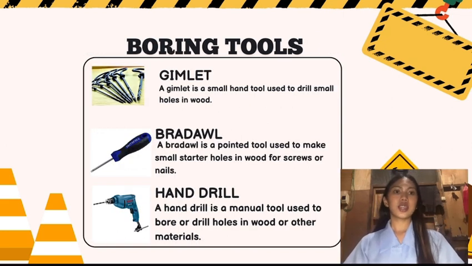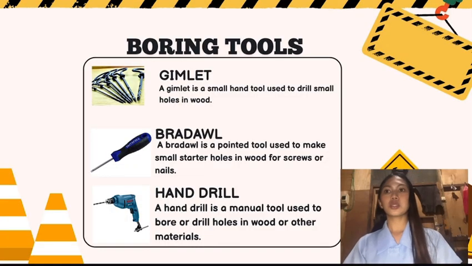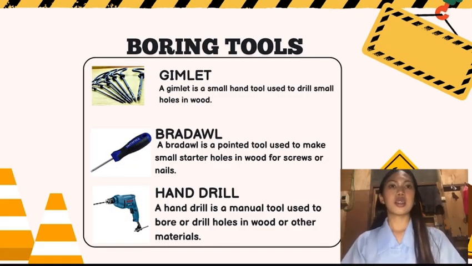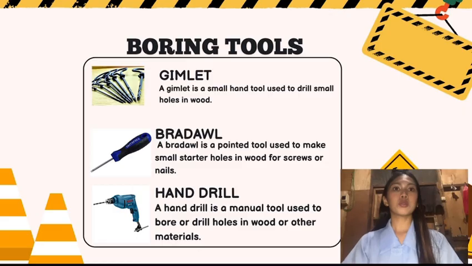The eighth classification of hand tools is boring tools. Boring tools are used to create holes in materials. There are three examples of boring tools, which are gimlet, bradawl, and hand drill. A gimlet is a small hand tool used to drill small holes in wood.